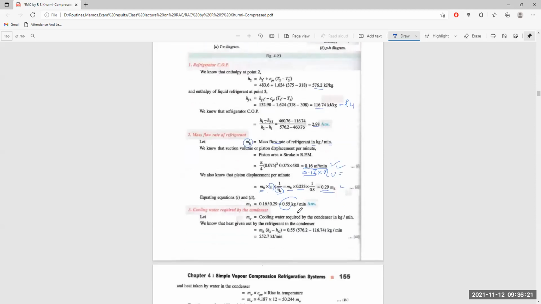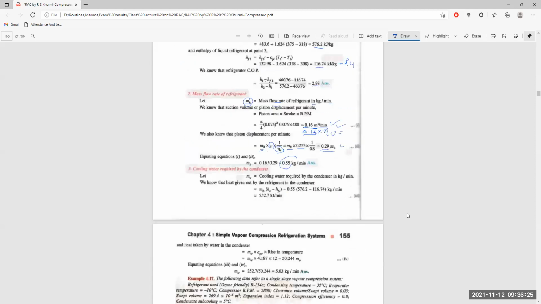Now let us go through the rate of cooling water required by the condenser itself. As we had started, for this type of refrigerant system we required cooling water as the cooler for the condenser.